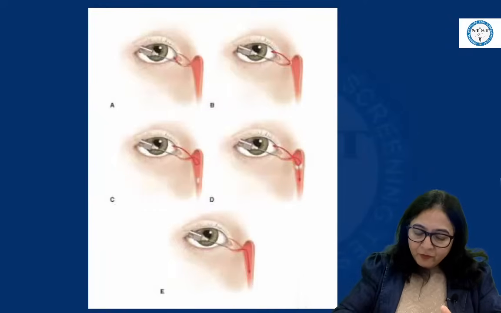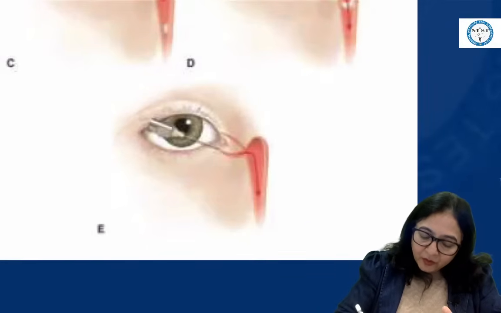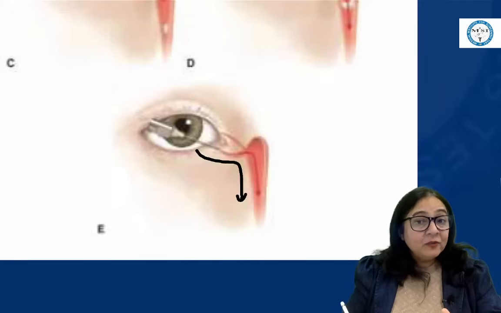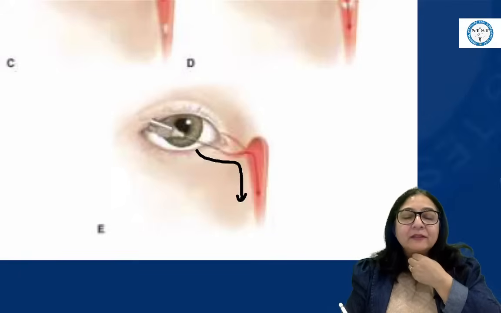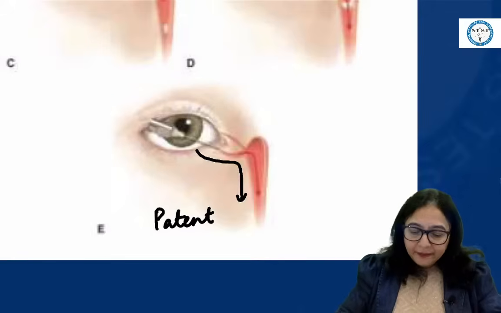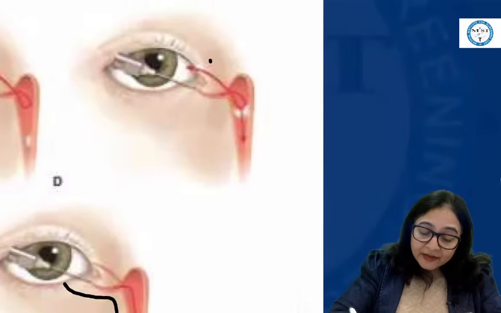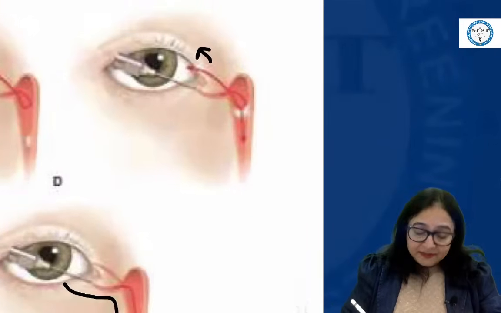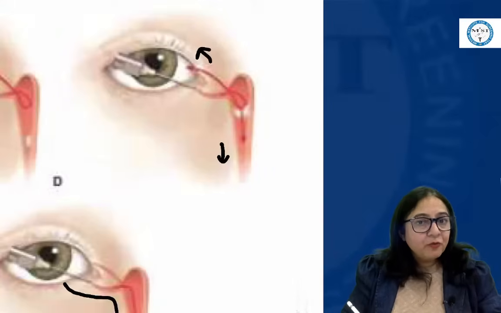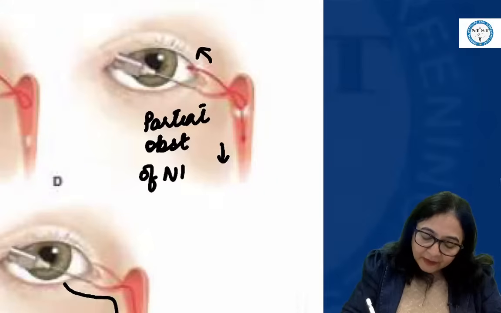If the fluid which you have pushed goes nicely from the punctum to the canaliculi into the sac and the nasolacrimal duct, and the patient has fluid in the throat, it means it's a patent passage. But if the fluid partly regurgitates through the opposite punctum and partly goes into the throat, then it's a partial obstruction of the nasolacrimal duct.